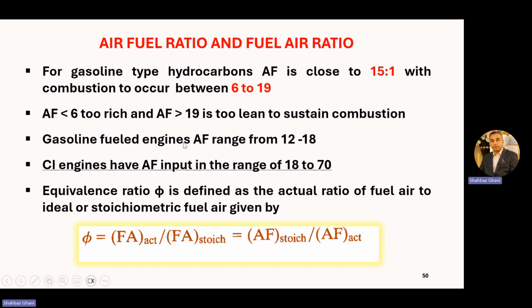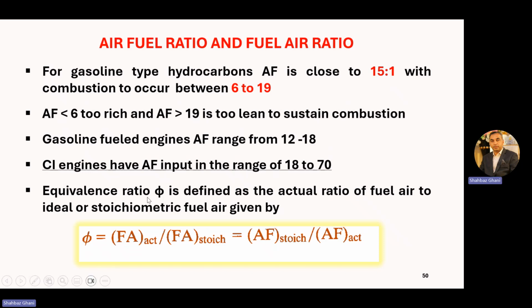For gasoline engines, the air fuel ratio ranges from 12 to 18. So this is the range. In CI engines, the air fuel ratio is in the range of 18 to 70, because they are also known as compression ignition. So their air fuel ratio range is larger.